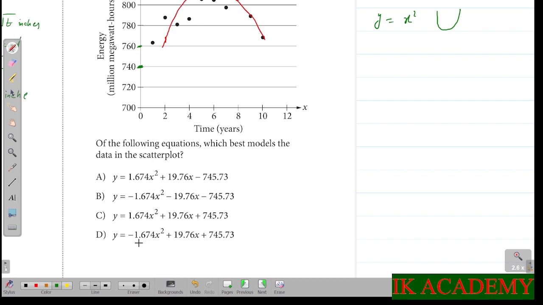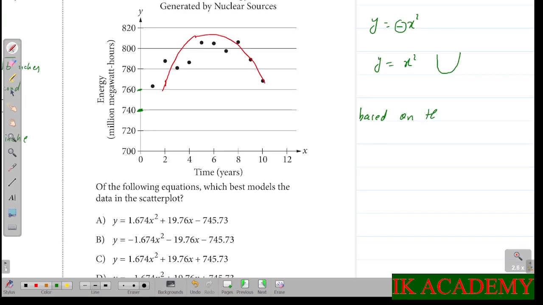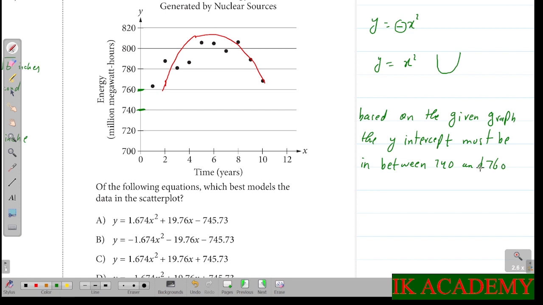So in option D, we have 745, which is in between 760 and 740. Based on the given graph, the y-intercept must be in between 740 and 760.